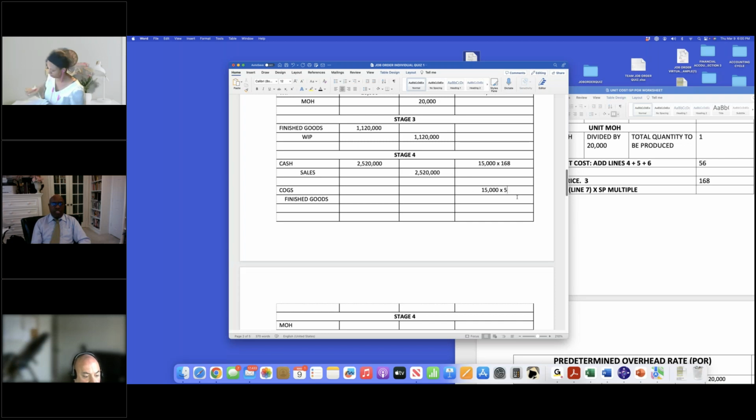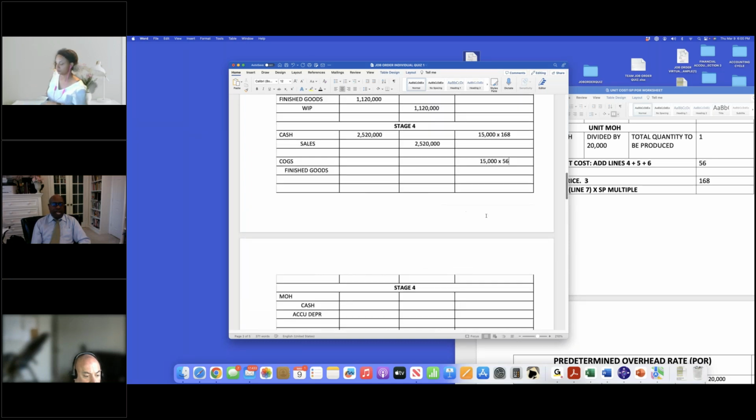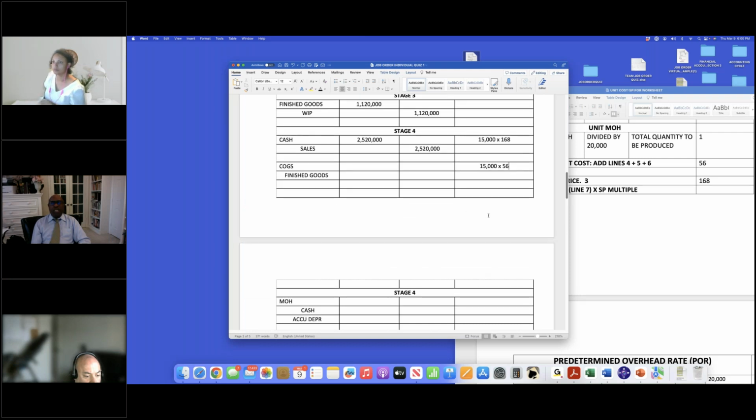But the unit cost that's in the T account, which just happens to be the same unit cost that we originally calculated because everything went to perfection. So 15,000 times 56 is what? $840,000.